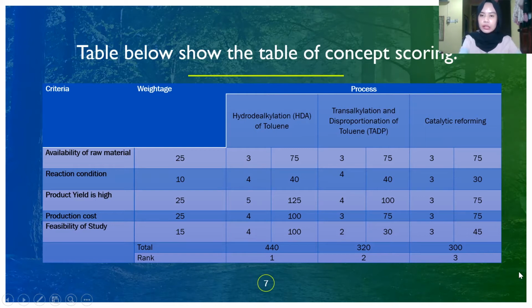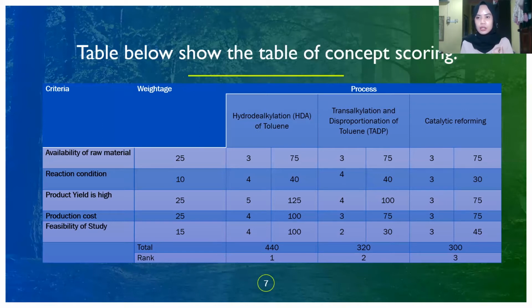Okay, from the table that has been made here, you can see the total score for all these processes: for HDA, the total is 440, and for TADP and catalytic reforming, the scores are 320 and 300.